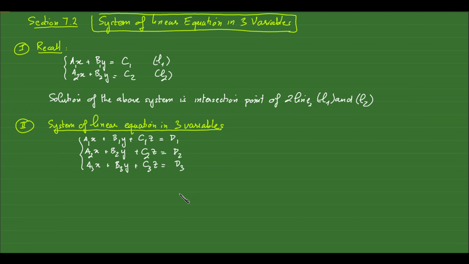Alright, so what I have over here is the standard form of the system of linear equations in three variables x, y, and z. So the solution of the system here in three variables, because over here we have three variables, is not a line anymore, but instead it's a plane. It's a plane: P1, P2, and P3.